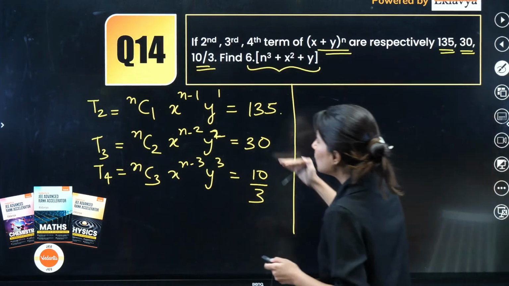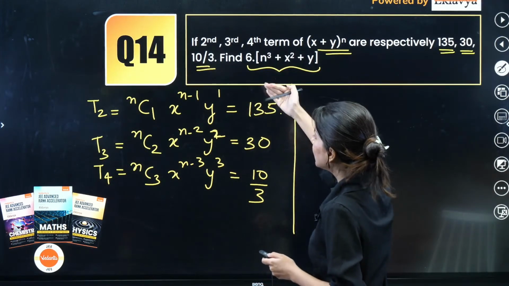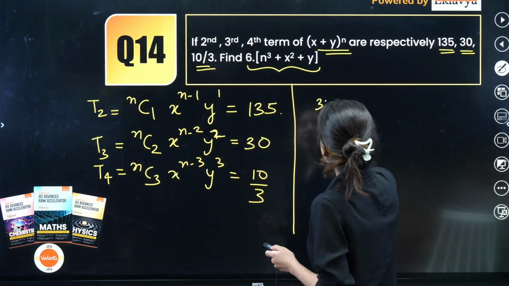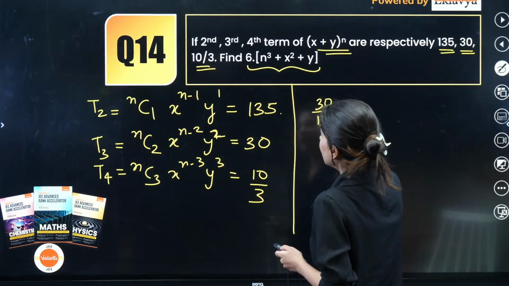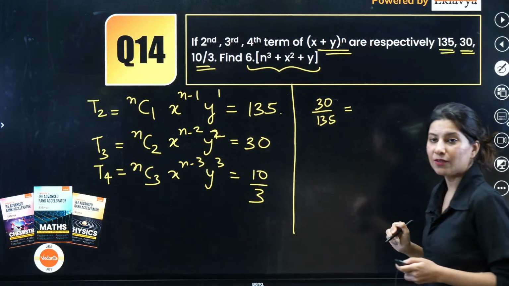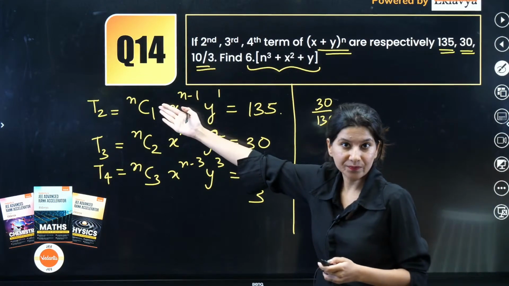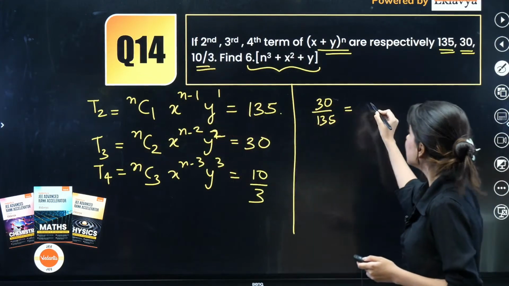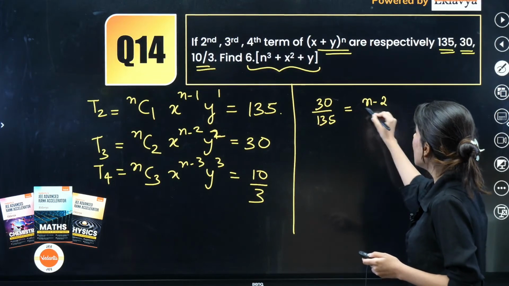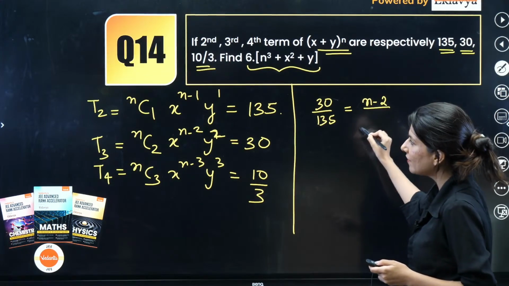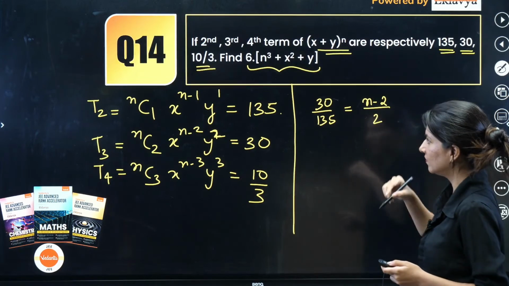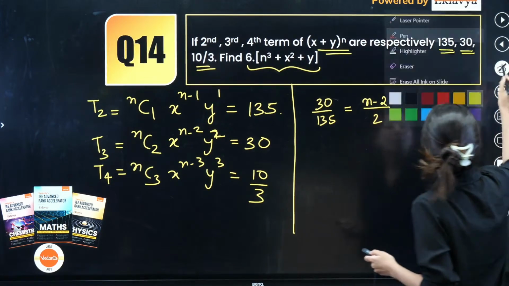Okay, so how do I do that? Second by first, T3 by T2. So 30 upon 135 will be equal to NC2 by NC1. NC2 by NC1 will be n minus 2 upon... sorry, n minus 1 upon 2, yes.